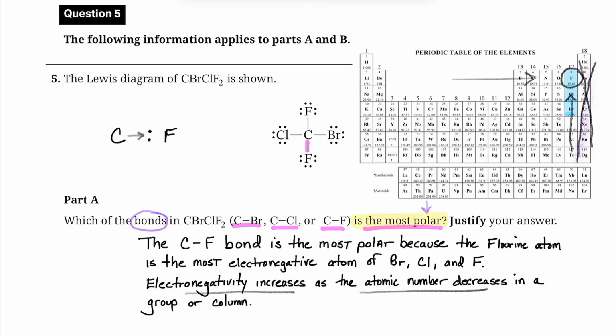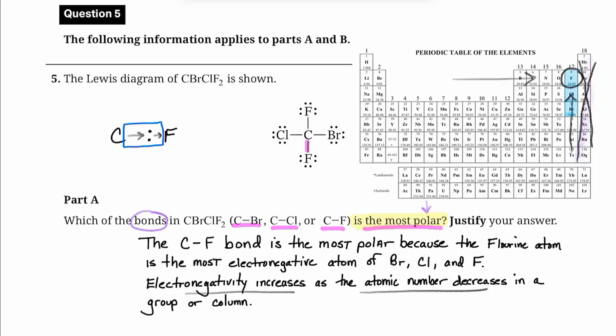And now, if you're still kind of lost about this concept, and I hope you're not, draw yourself a box between the two elements, and think about fluorine pulling this pair closer to it. That's why I drew that pair closer to the fluorine, which we're going to have to understand later in other parts of this question.